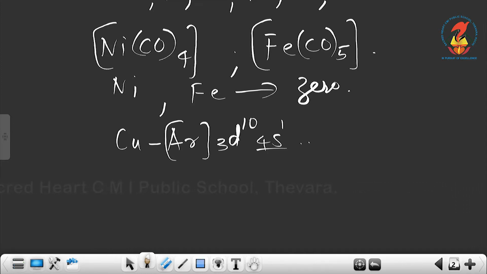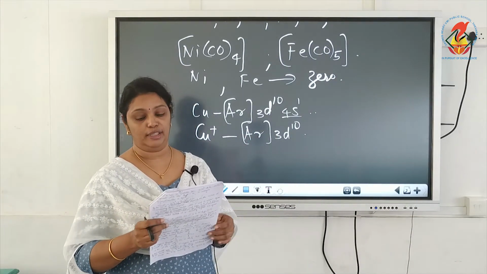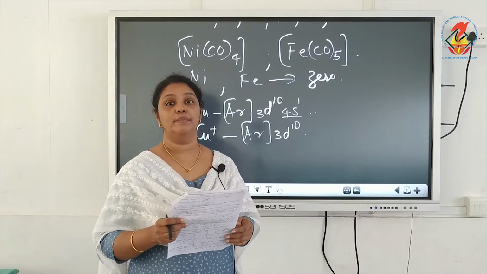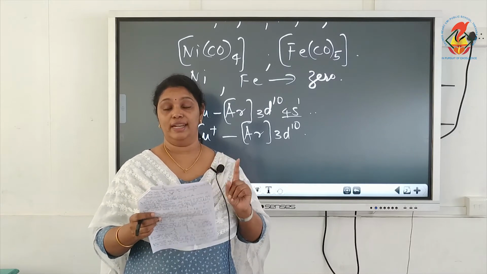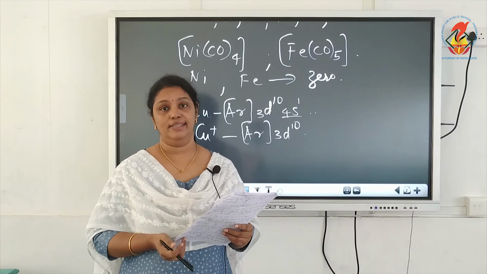Now after losing this one electron, Cu becomes Cu+ with configuration argon 3d10. So it gets a stable electronic configuration 3d10 with no unpaired electrons. So copper is the only element that exhibits +1 oxidation state in the first transition series.